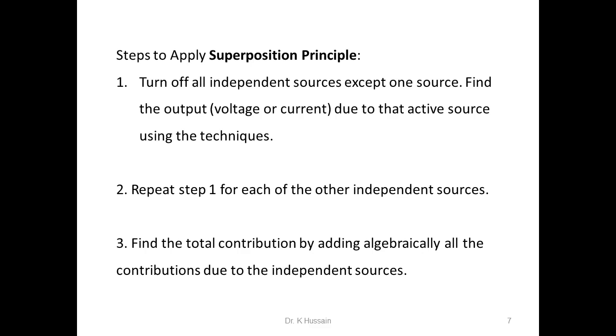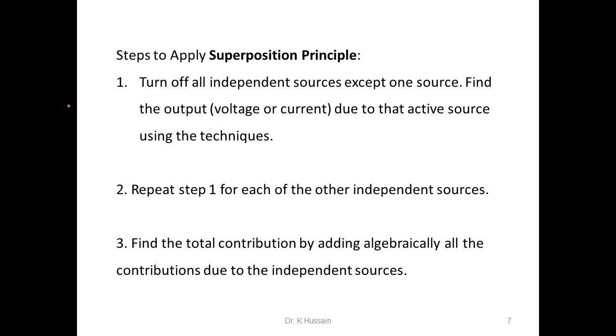Depending on the circuit, you can use either mesh analysis or nodal analysis, or if it is a simple one, you can go for Ohm's law also. Repeat step 1, the same step, for each of the other independent sources.